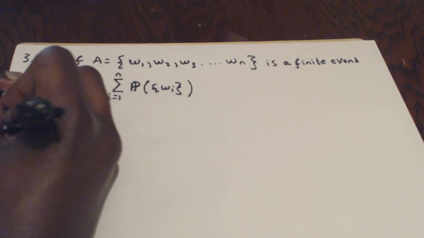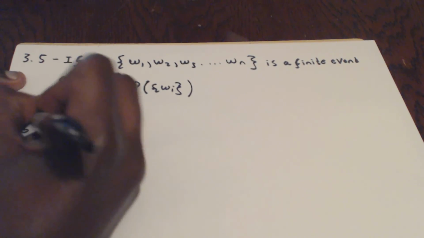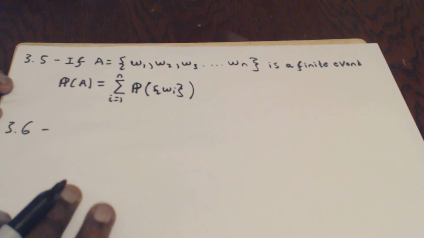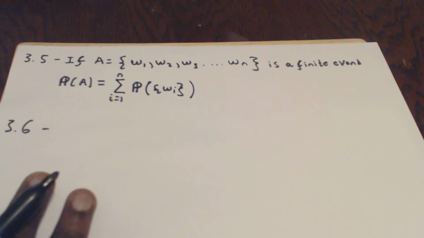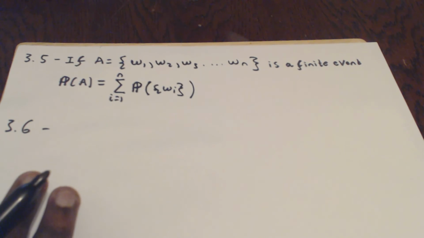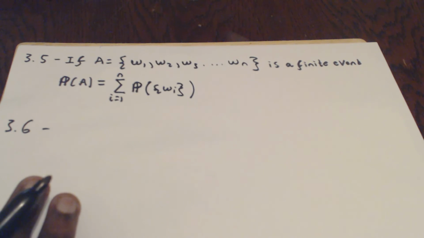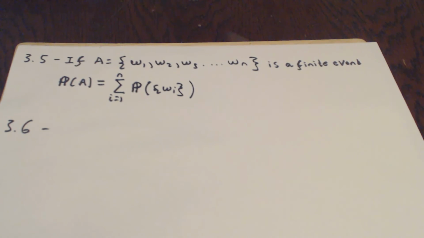Let's see, we're nearing 10 minutes, so we have the inclusion-exclusion formula for two events. Obviously all of these are stated without proof. 3.7 will be the only one I prove, since it's not in his lecture notes, but I'm sure it's probably in your lecture notes yourself, but I'll prove it anyway.